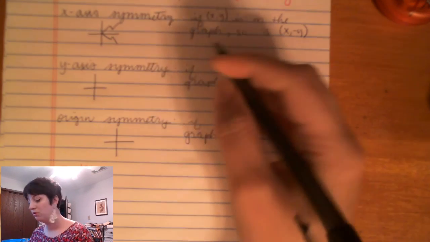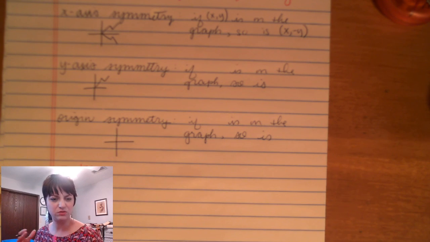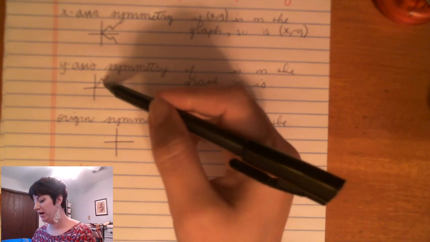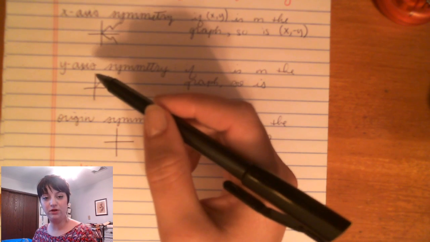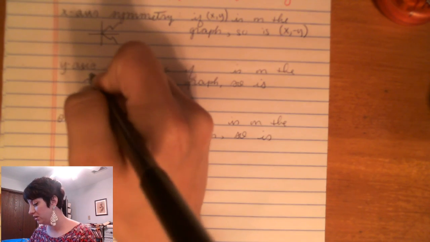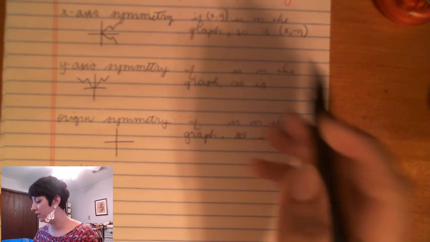All right, y-axis symmetry. I'm focusing on the first quadrant because that's where everything's positive and kind of easy. For the y-axis, suppose this is my function in the first quadrant, then if I were going to reflect over the y-axis, it would be something over here. So these points are (x, y).